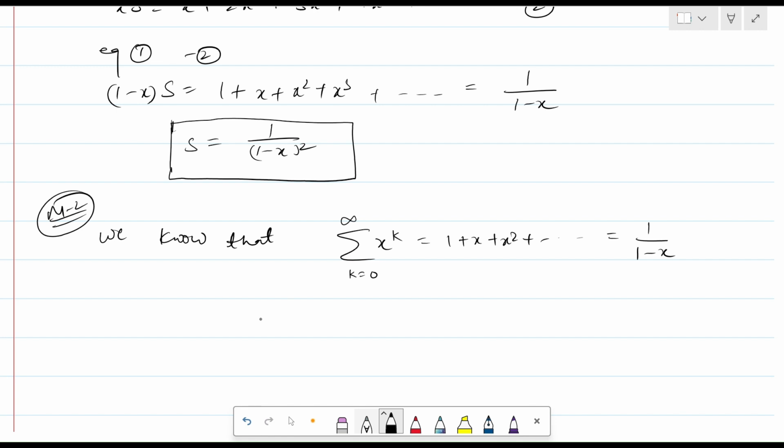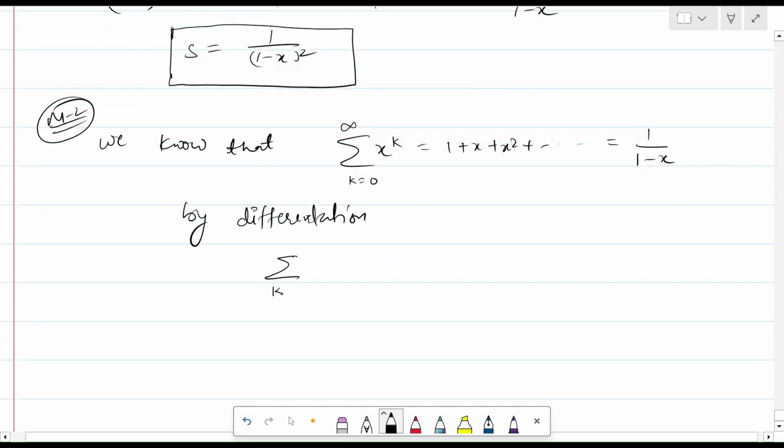So if I am differentiating, by differentiation, then what will we get? We are getting summation k from 1 to infinity k x raised to the power k minus 1, which is equal to 1 upon 1 minus x whole square.